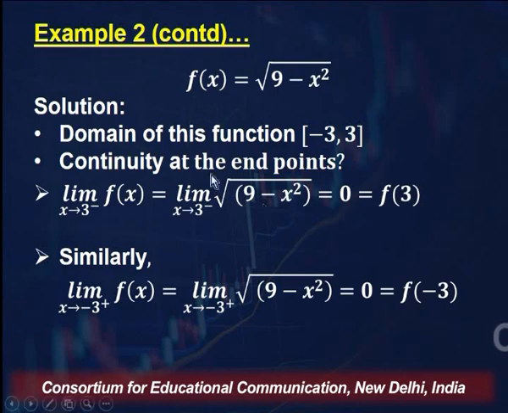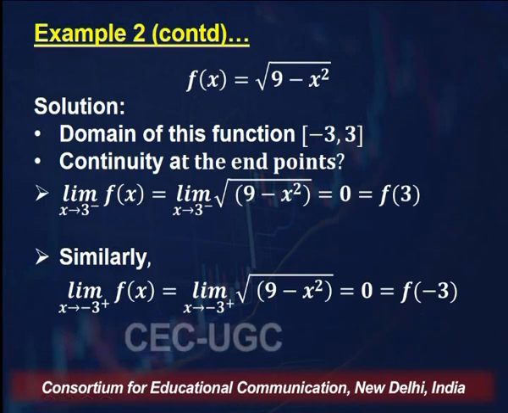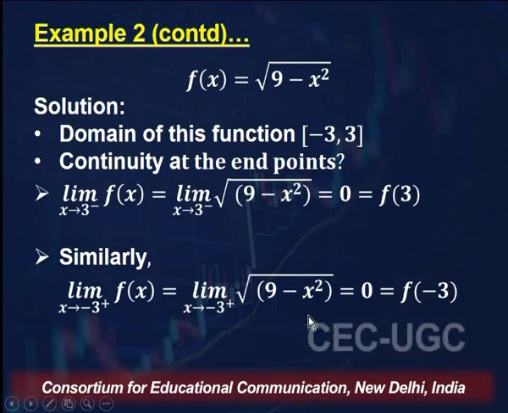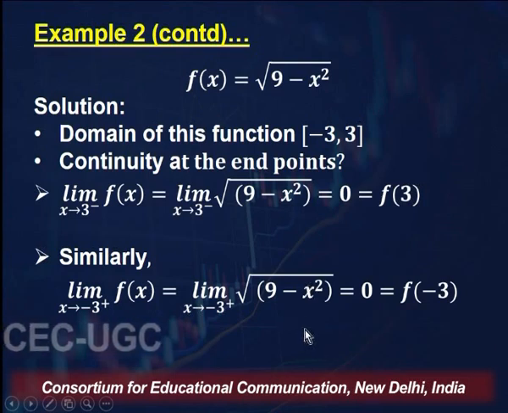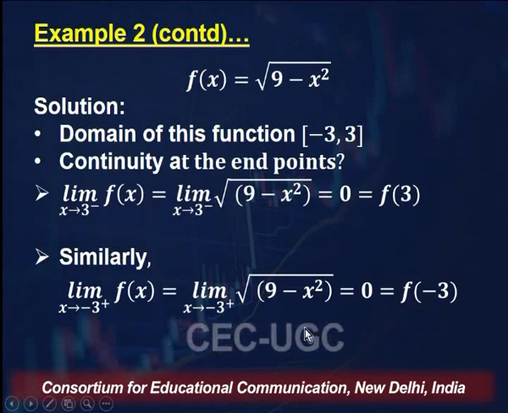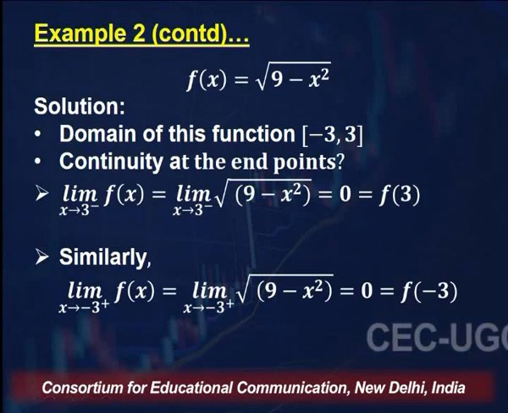So let's see what the limit of the function is as x tends to 3 from the left. That's nothing but the limit of square root of 9 minus x squared as x tends to 3 from the left, which is actually 0. Similarly, the limit of the function as x tends to minus 3 from the right also has to be equal to 0, because that's the value of the function at x equal to minus 3, and that actually is the case. So the conclusion is that the function square root of 9 minus x squared is continuous in the compact interval minus 3 comma 3.